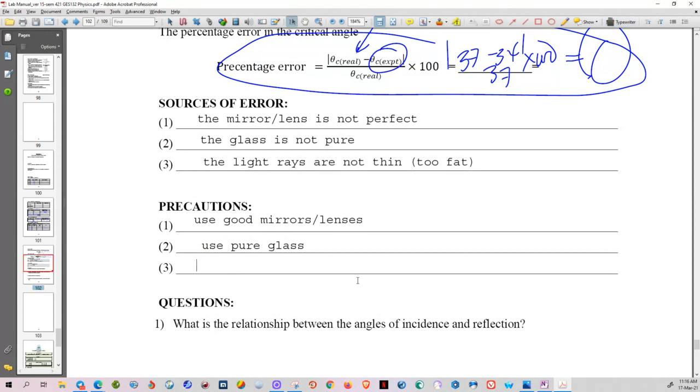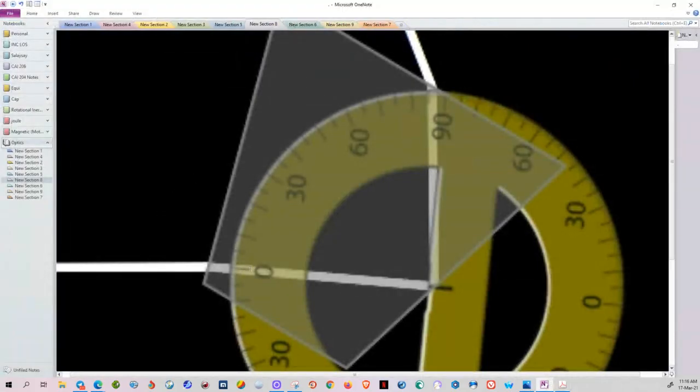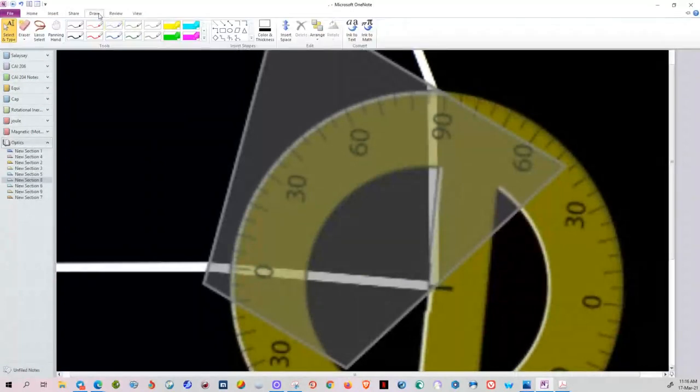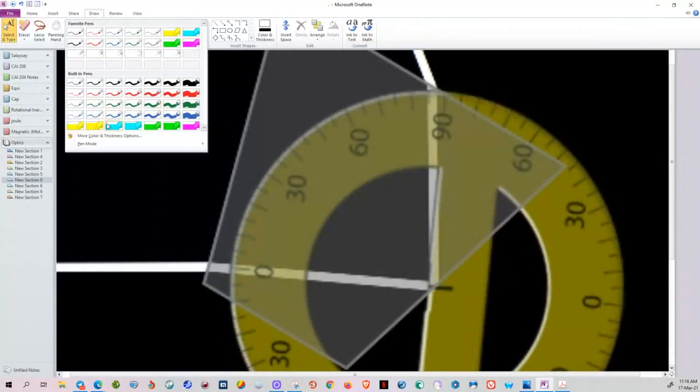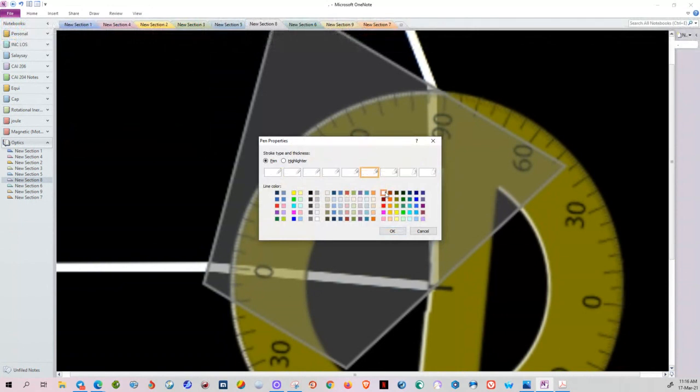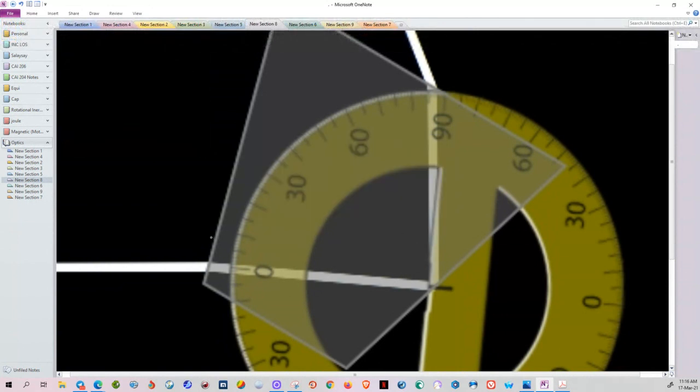So what's the precaution? You have to read the angle at the center of the light rays. So here in this image, you can see that I am reading the angle. Let me make a drawing in white. You can see that I'm reading the angle at the center of the light, not at the edge, okay?